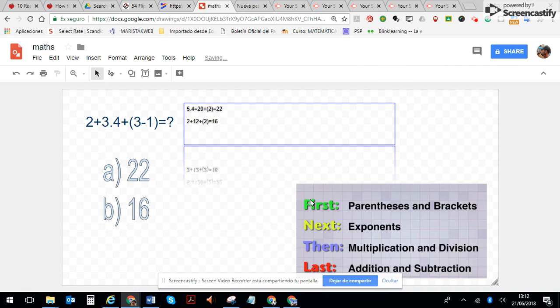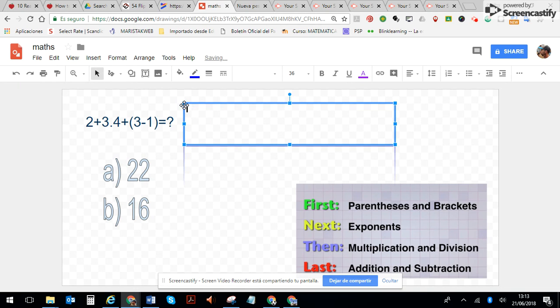Okay. Here it goes. According to calculation order, first things first. And the first thing we should do is anything that's between parentheses. So this is the first thing we'd have to do. In this case, it would be like this: 2 plus 3 times 4 plus what's between parentheses, 2.